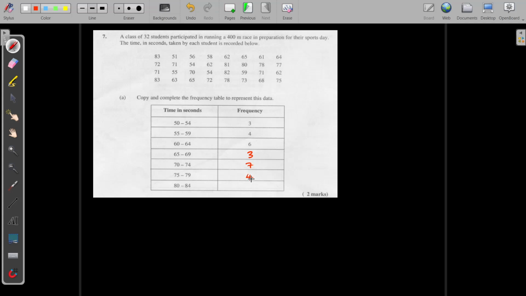So that's 4. And lastly, between 80 and 84, 1, 2, 3, 4, 5. So that's 5. So we've completed the frequency table and we got our 2 marks. See how easy it is to get 2 marks?